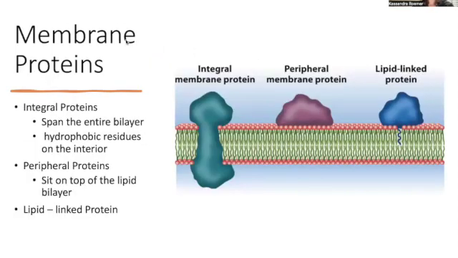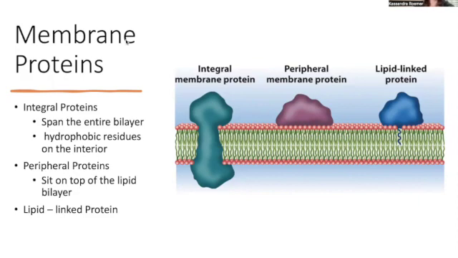All right, talking about membrane proteins, we have three different types. The first one would be an integral membrane protein, which spans the entire bilayer. It's usually some sort of helix that has a lot of hydrophobic residues, so it can span the interior, whereas the hydrophilic parts of the protein sit on the outside.